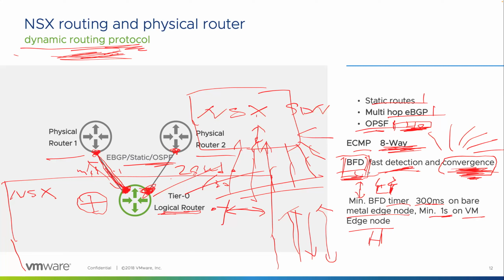So that's the BFD mechanism. It's just a supplement for the routing protocol to help us carry out fast detection and convergence. Okay.